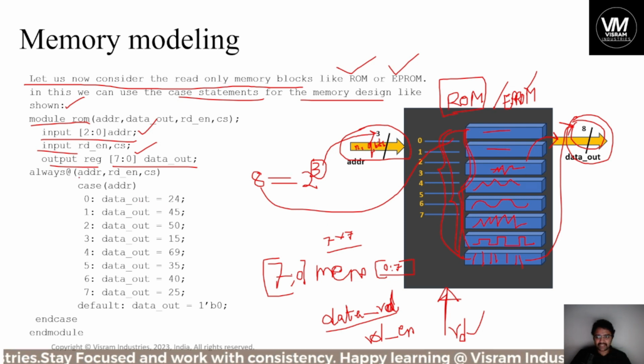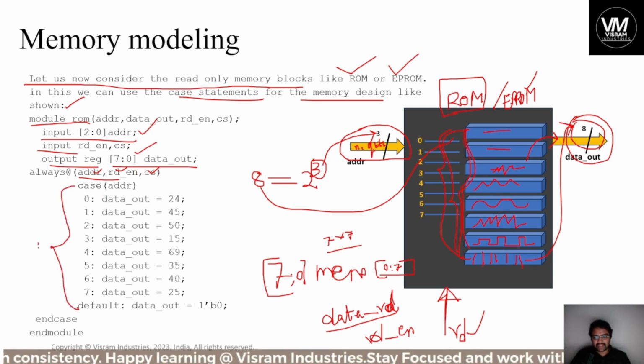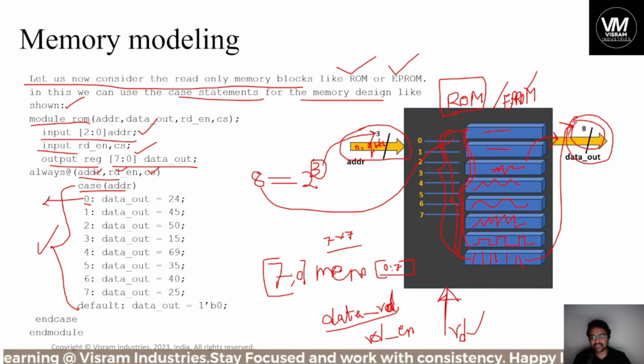So always at the rate of inputs, when the address value is changing, the read enable signal is changing, and chip select is also enabled, then the actual procedural block starts with the case condition, with case at location 0. You can write this as 1-bit 0, or 1-bit binary 1.